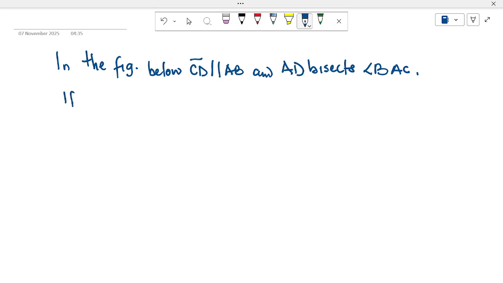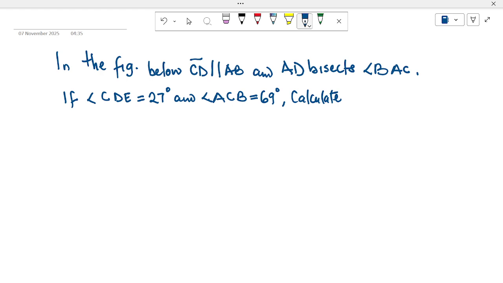Now, if angle CDE is equal to 27 degrees and angle ACB is equal to 69 degrees, calculate angle BED.